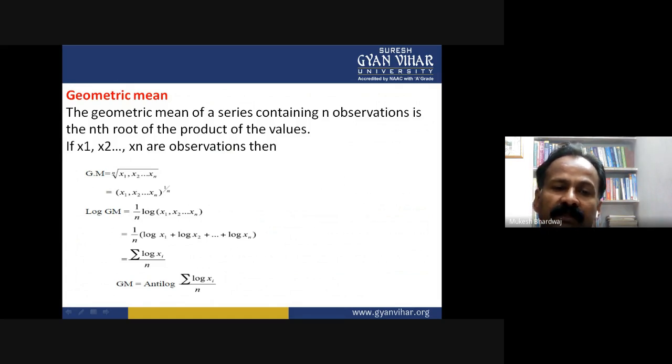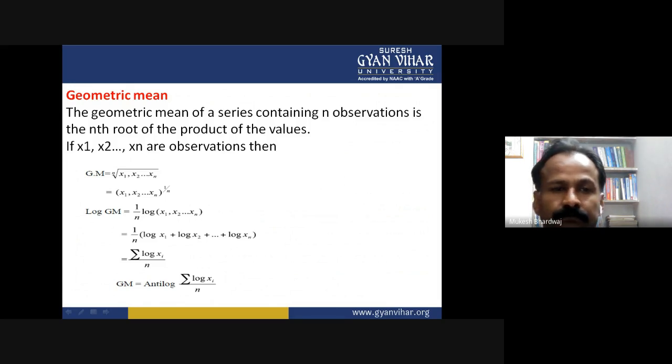And we know the logarithmic property that log of a·b·c·d can be written as log a plus log b plus log c plus log d. Similarly, applying the logarithmic property, it can be written as 1 by n (log x1 plus log x2 and so on). So individually calculate the logarithmic values of the observations, then do the summation, divide by the total number of observations, and take the antilog of this. This will give the geometric mean.